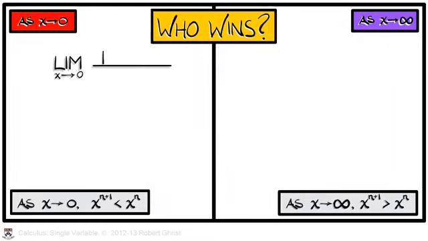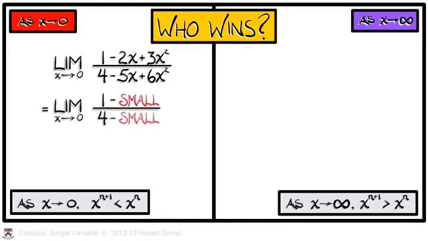Well, let's take a look at an example. The limit of 1 minus 2x plus 3x squared over 4 minus 5x plus 6x squared. Let's first consider the limit as x goes to 0. What does that become? Well, this one's really simple.